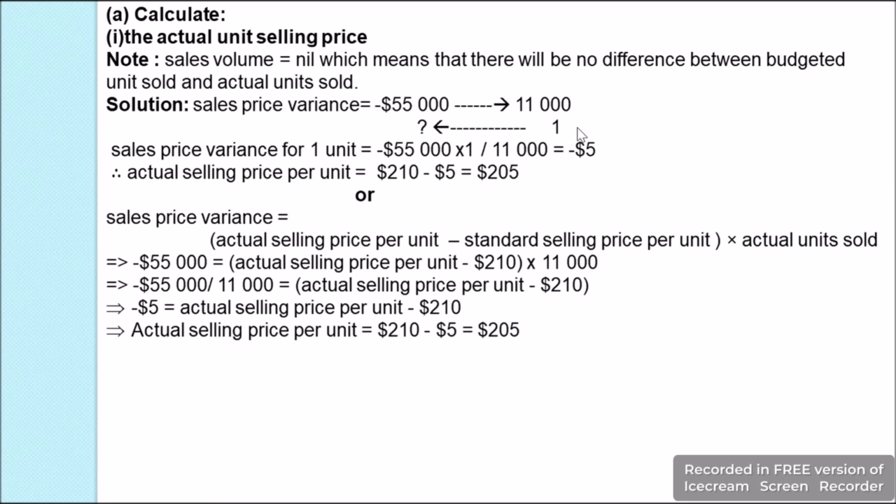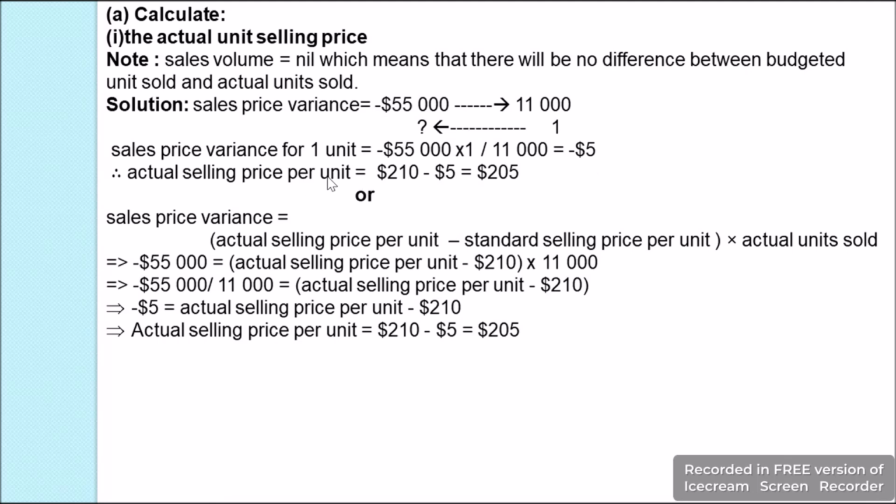So for one unit, how much? The sales price variance for one unit will be 55,000 times 1 divided by 11,000, which will be minus $5. That means the selling price has been reduced by $5 when we actually sold the product.